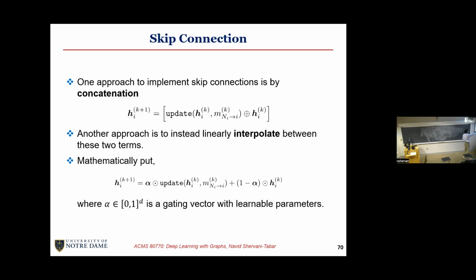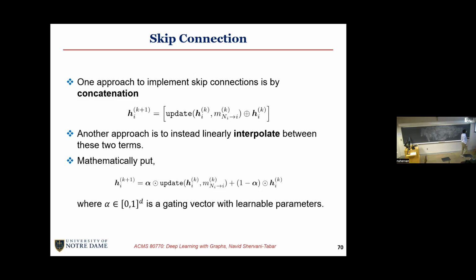And we use a Hadamard product to multiply this vector into our update and h_i^k. So roughly speaking, it acts like a probability: with probability alpha we have this, with probability 1 minus alpha we have that. But it's not a probability, it's just interpolating. This alpha shows the share of the update, and 1 minus alpha gives us the share of the previous embedding in the updated embedding of the node vi.